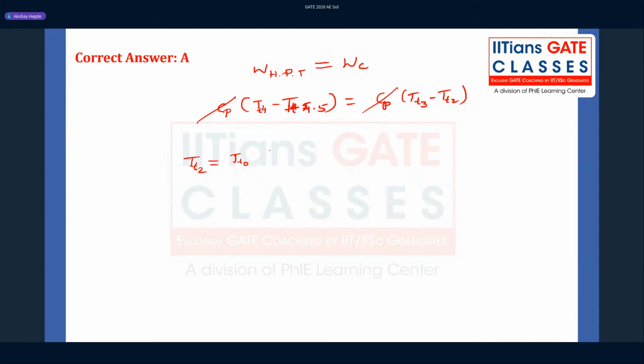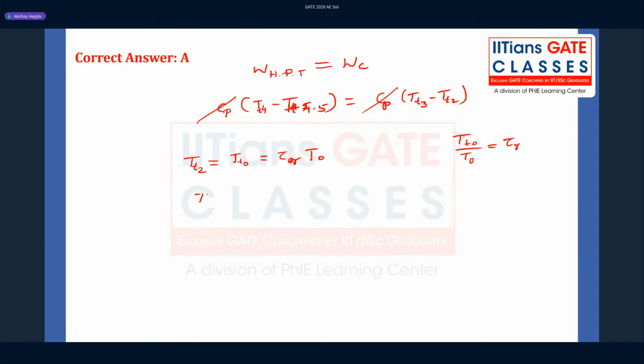So I can write this as tau r times T naught, because the ratio of T naught to T naught is given as tau r. That's the ram temperature ratio, so I am replacing that.